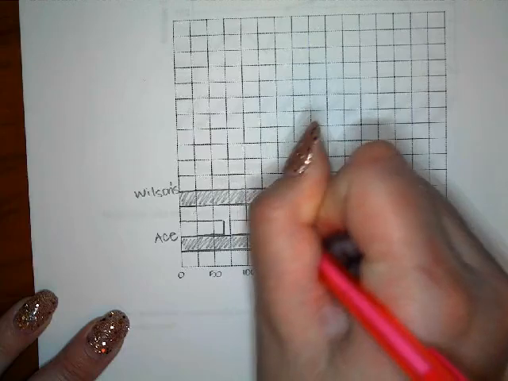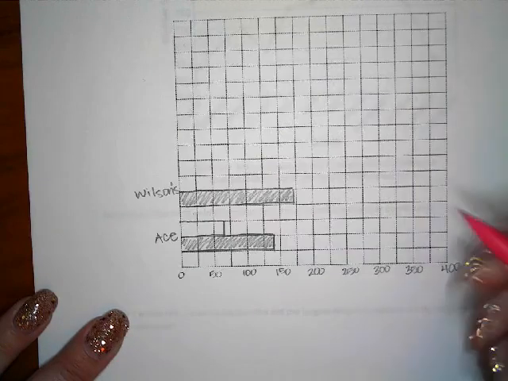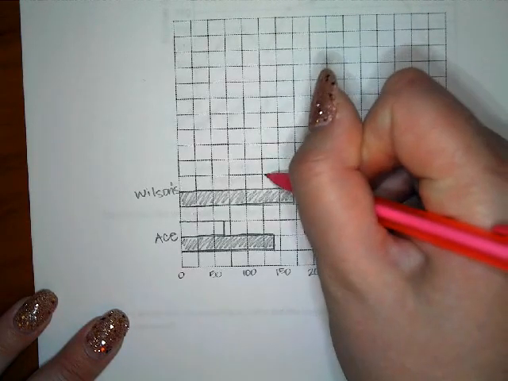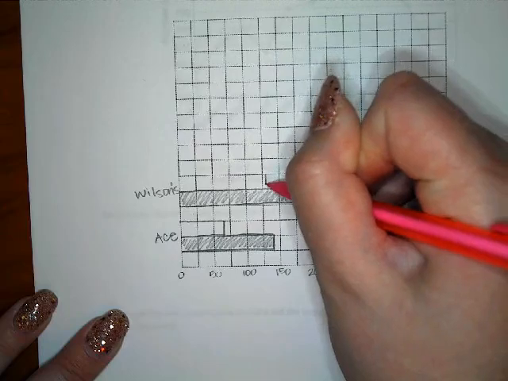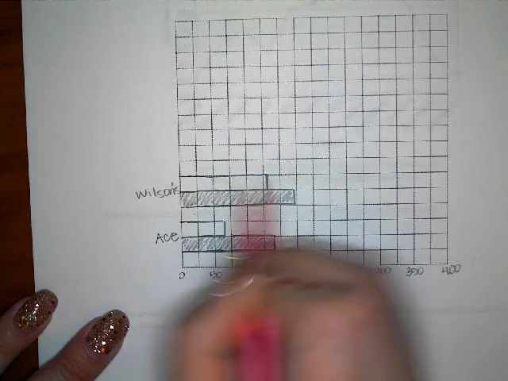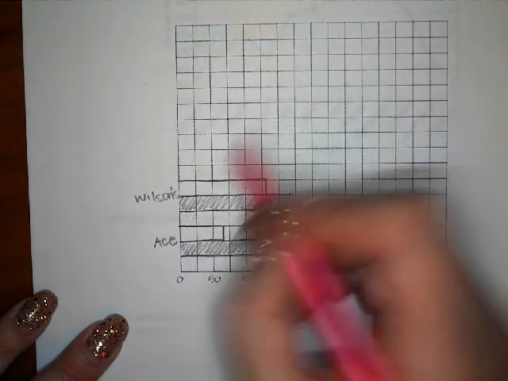And then 130 for TVs. 125 is right here, so 130 is a little bit more. I'm going to skip a space. This will be Martin's.